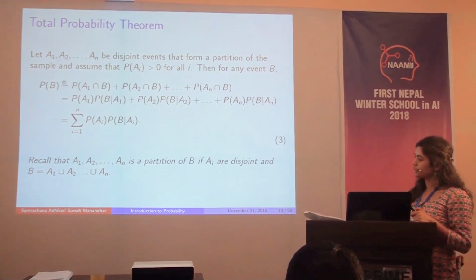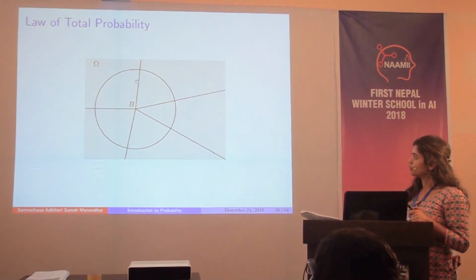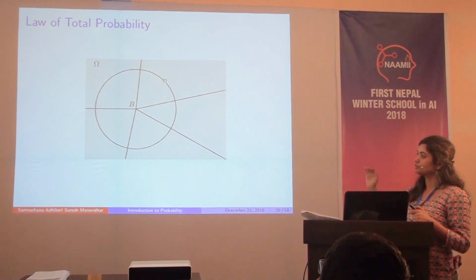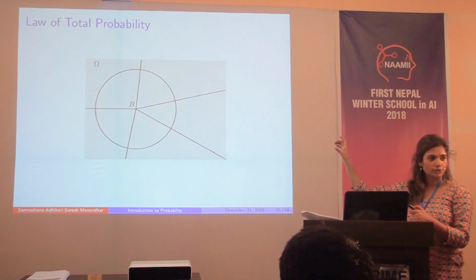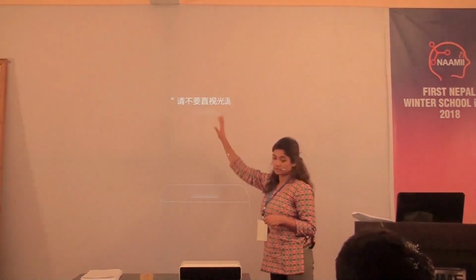And here, what I mean by this is if I had 1, 2, 3, 4, 5 different events, let's say A1 to A5, that divide this event B into 5 disjoint parts, so they don't overlap.